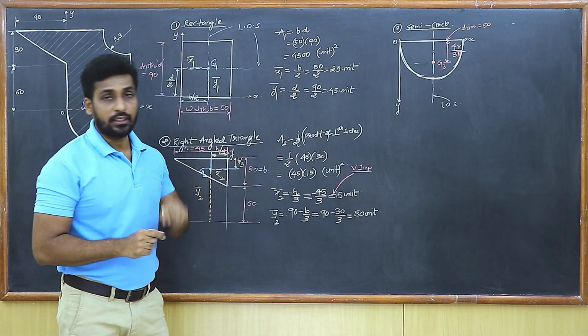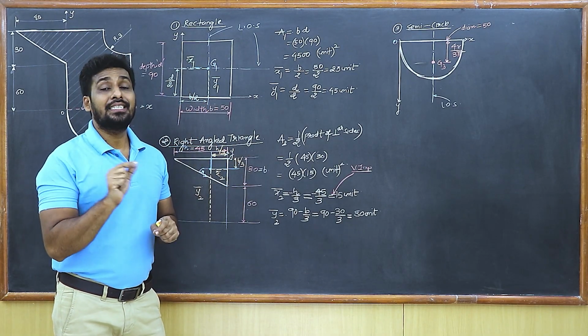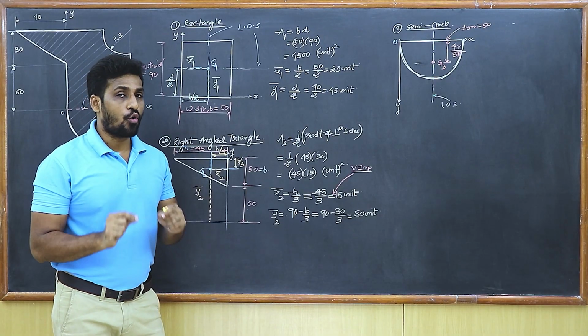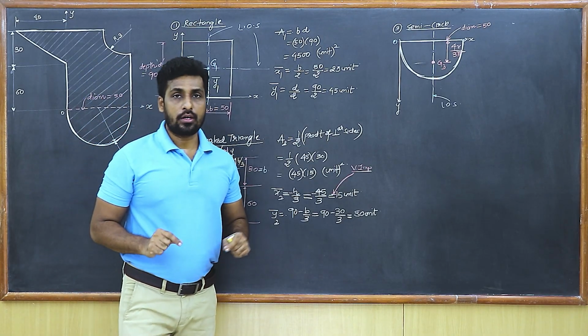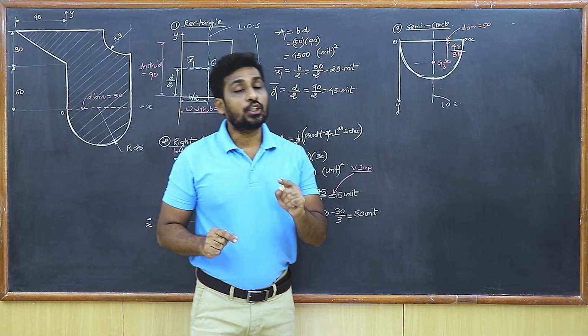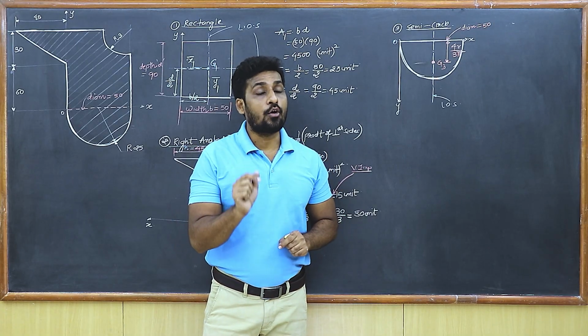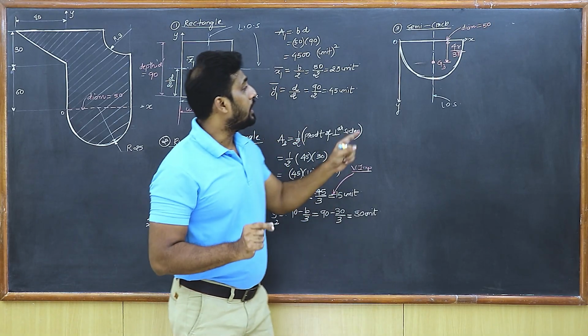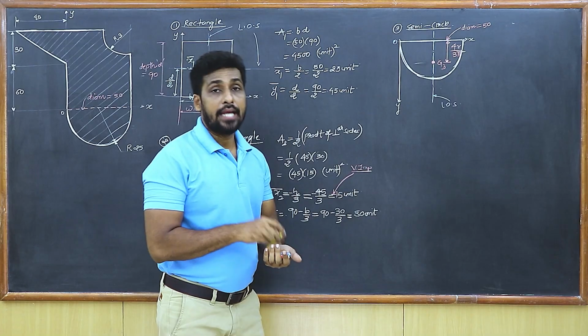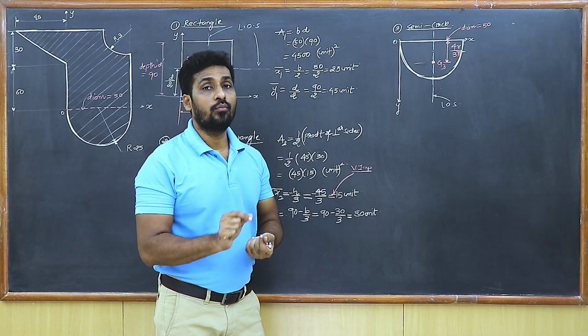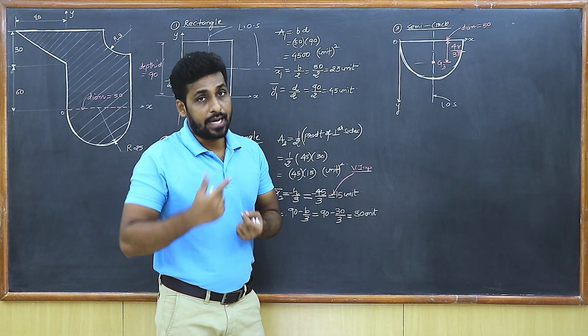Now that's the location of the centroid. You need to remember, this is which quadrant? It is the fourth quadrant. What happens in the fourth quadrant? In the fourth quadrant, the x coordinate is positive and the y coordinate is negative. So students, now let's locate the centroid. I need to get the distance of the centroid from the respective axis, the y-axis and the x-axis.